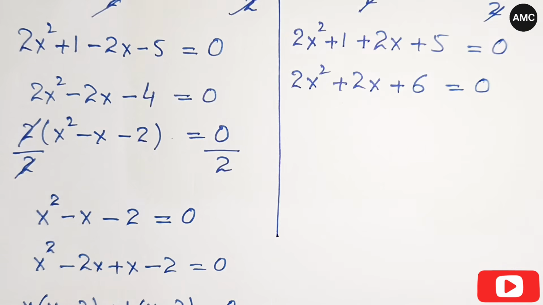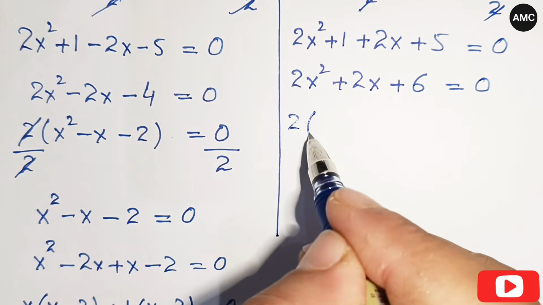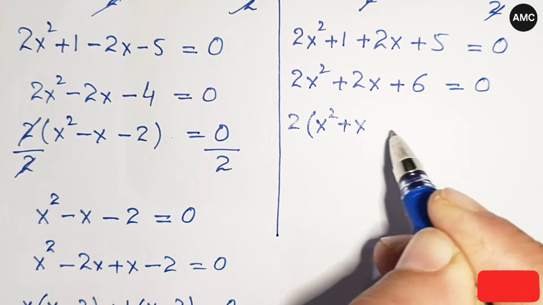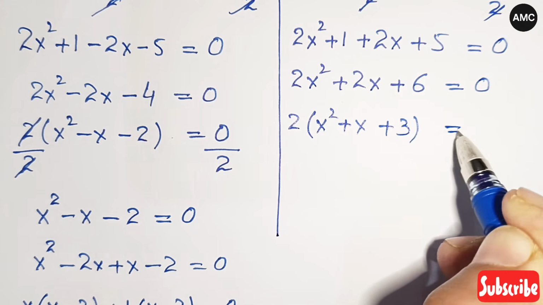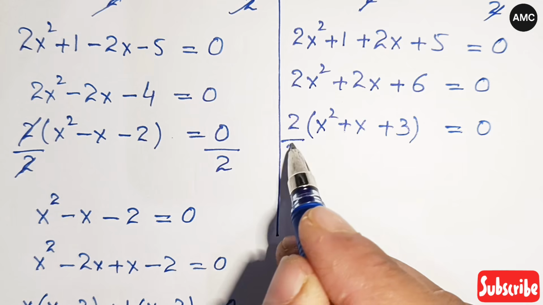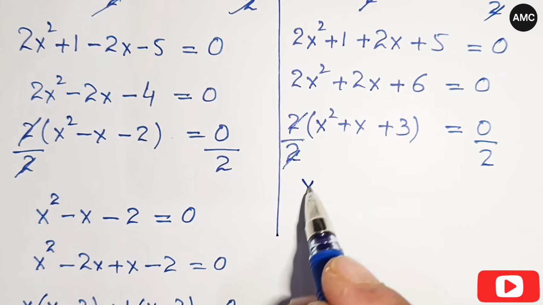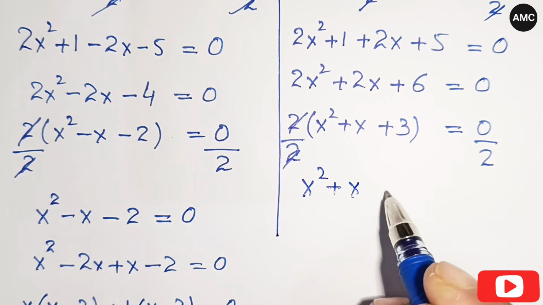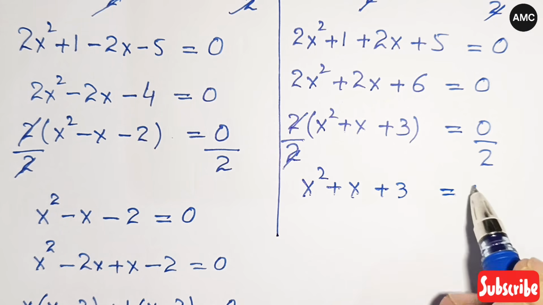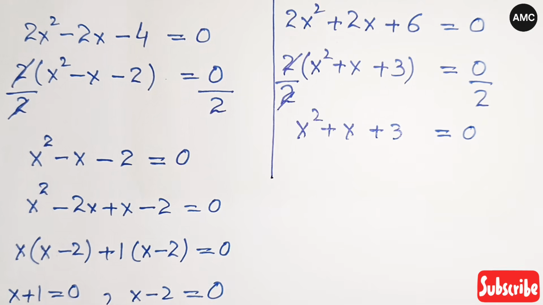Now taking 2 common, we have x squared plus x plus 3 is equal to 0. Dividing this 2 on both hand sides, 2 is cancelled, we get x squared plus x plus 3 is equal to 0.